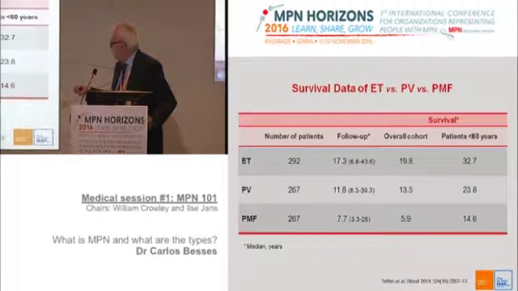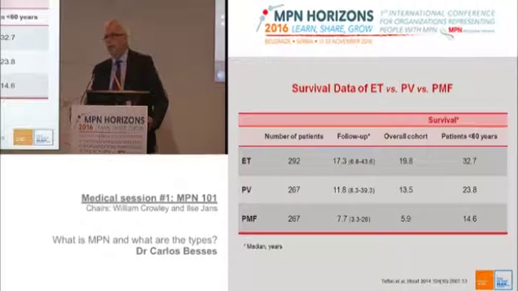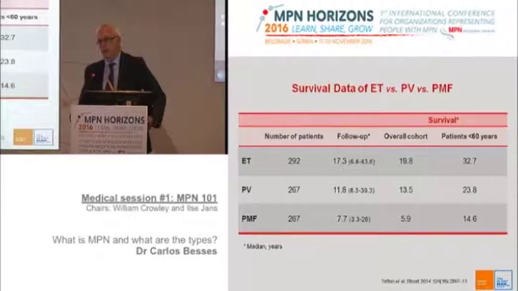PV, a bit lower. And we also have to take into account that patients of less than 60 years live many, many years. The situation is quite different for PMF patients. In PMF patients, unfortunately, the median survival is around 6-7 years. But PMF, as we will see in the next slides, is very heterogeneous.